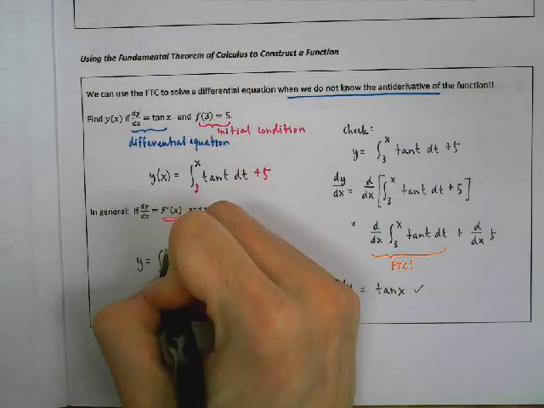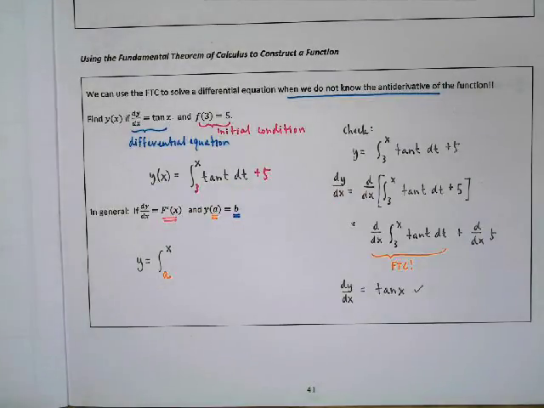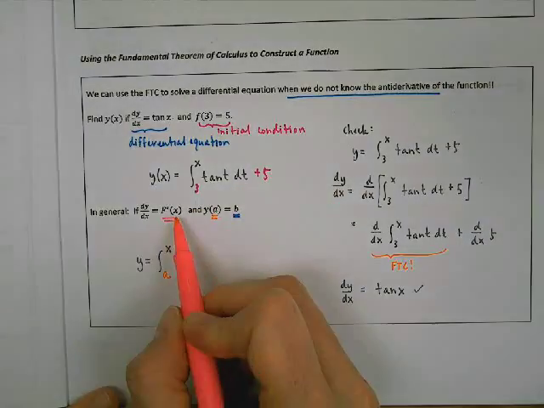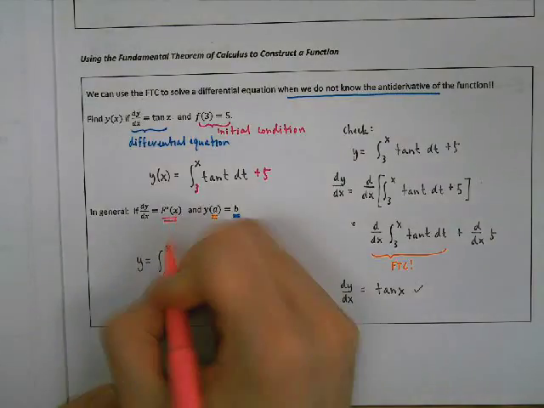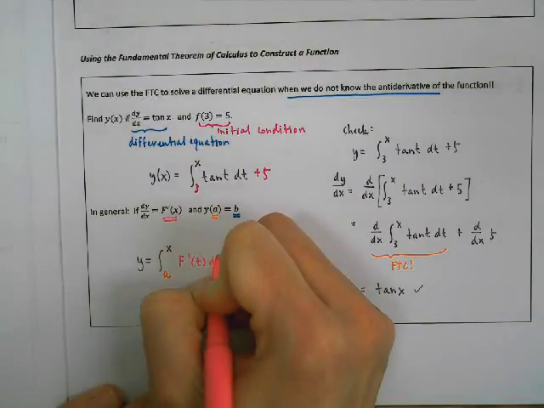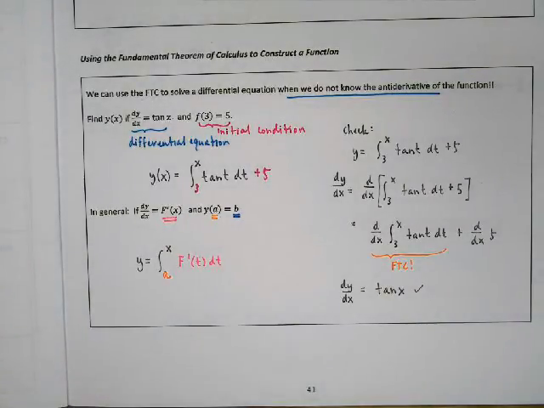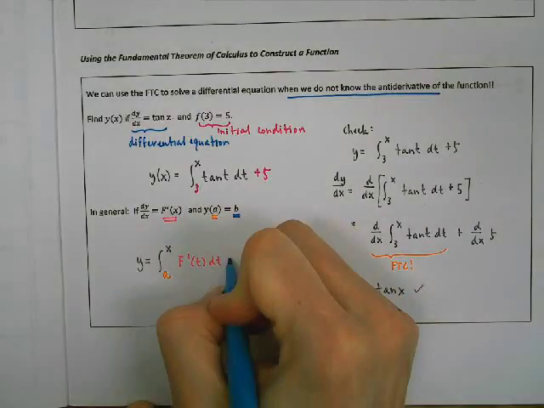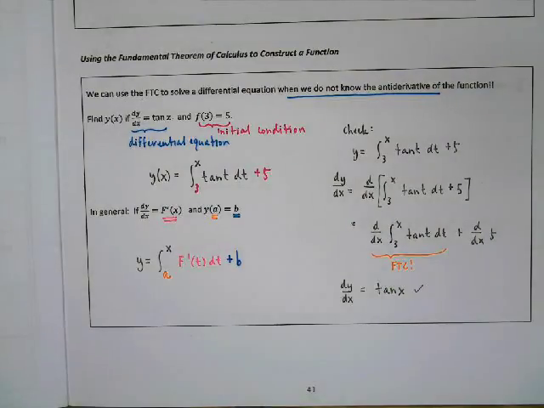My upper limit is going to be x. I take my function here, but instead of using x, I'm going to use my dummy variable t, and I put dt, and then I'm going to add on the y value. That's how we're going to construct these functions. And so once you learn the pattern, they become very, very quick problems to do.